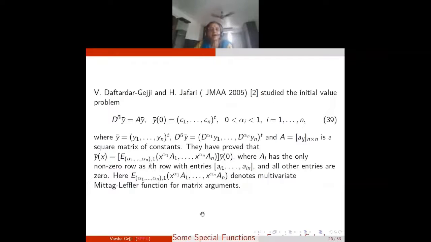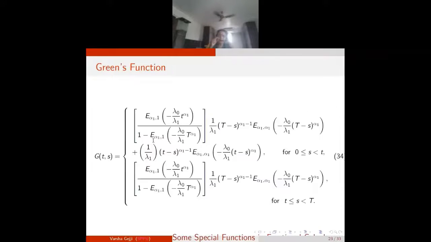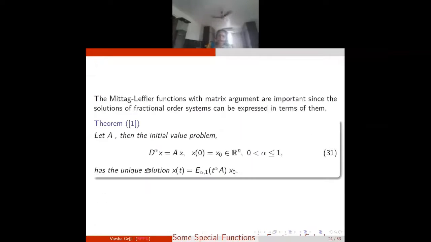So you might imagine the complexity of the definition, but what is the use? And interestingly, we could show that this is a solution. I mean, if I consider now a system of equations here, where alpha bar is nothing but alpha 1, alpha 2, alpha n, y bar is y1, y2, yn. So in this system, whatever we consider, everywhere you have one alpha.